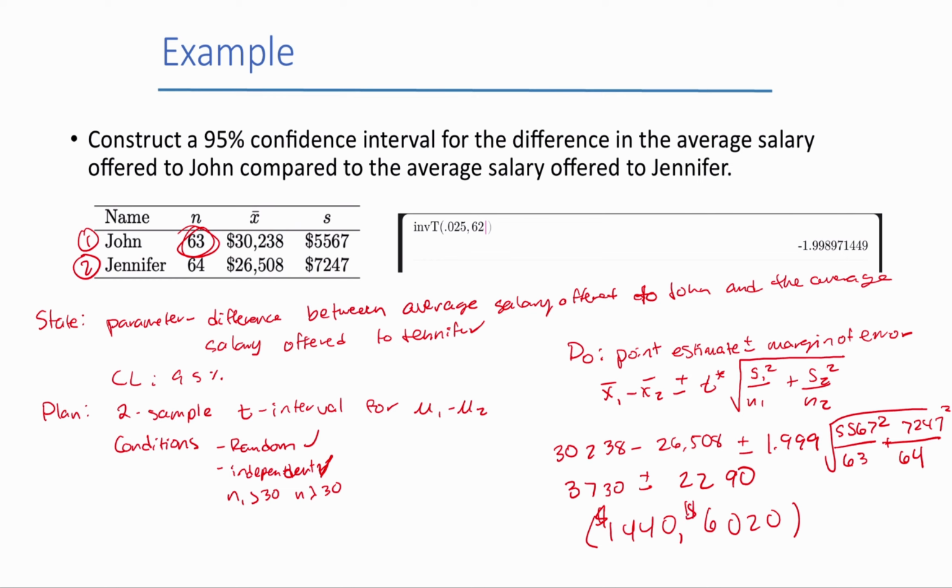And I don't really have room on this slide to write the conclusion, but the conclusion: we are 95% confident that the interval from $1,440 to $6,020 captures the true difference between the average salary offered to John and the average salary offered to Jennifer.